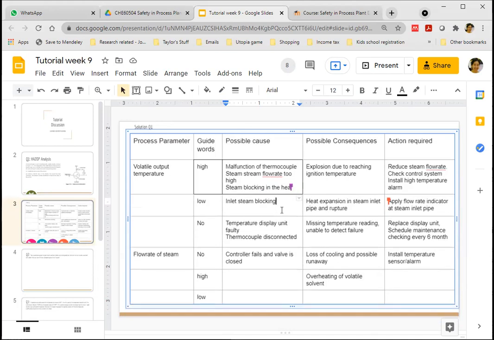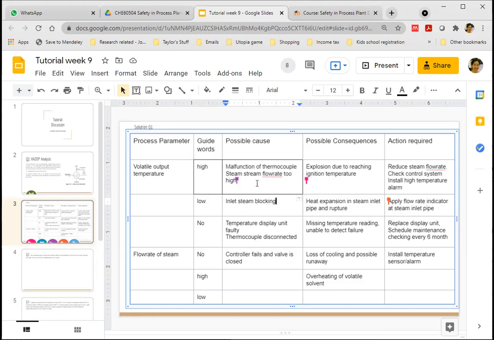For high temperature, I know what you're trying to say: if it gets stuck in there and therefore is not flowing, the heat builds up. But it doesn't work that way because this is a steam flow. The moment it stops flowing, there's only so much energy stored in there.